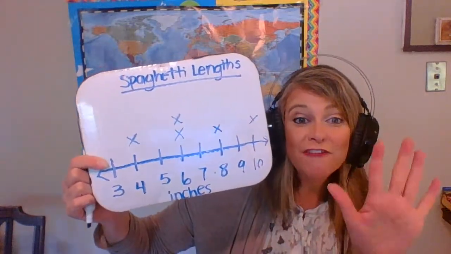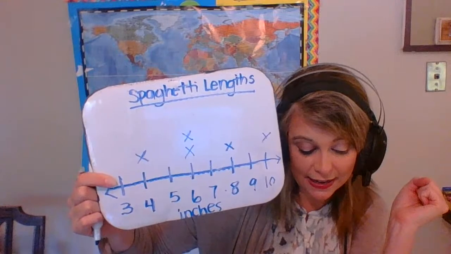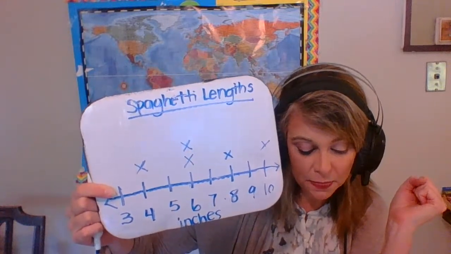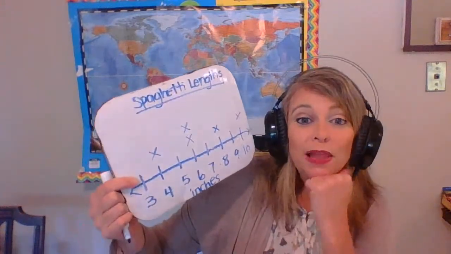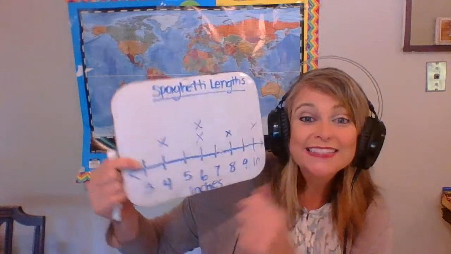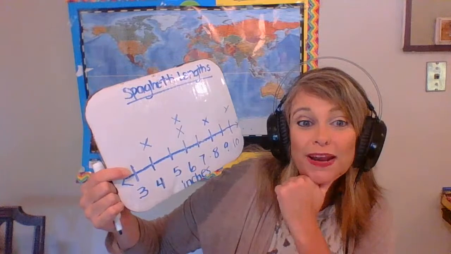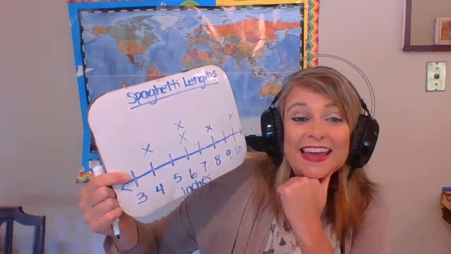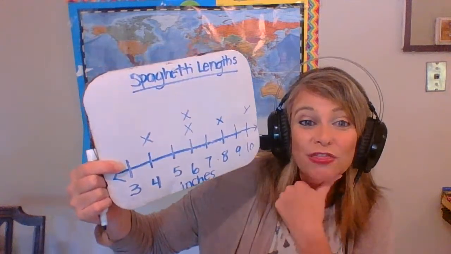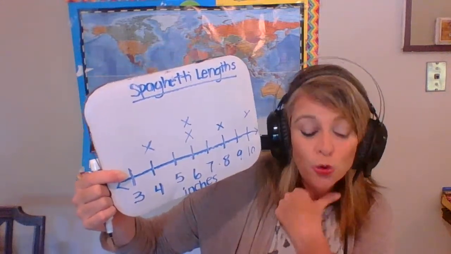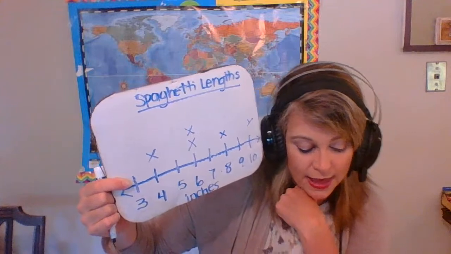I measured 5 pieces of spaghetti, right? Okay. Now, why did my line plot start at 3 instead of 0? Do you remember what I said? I did not have any shorter pieces than 4 inches, so I started it at 3. I had no short pieces of spaghetti, okay?